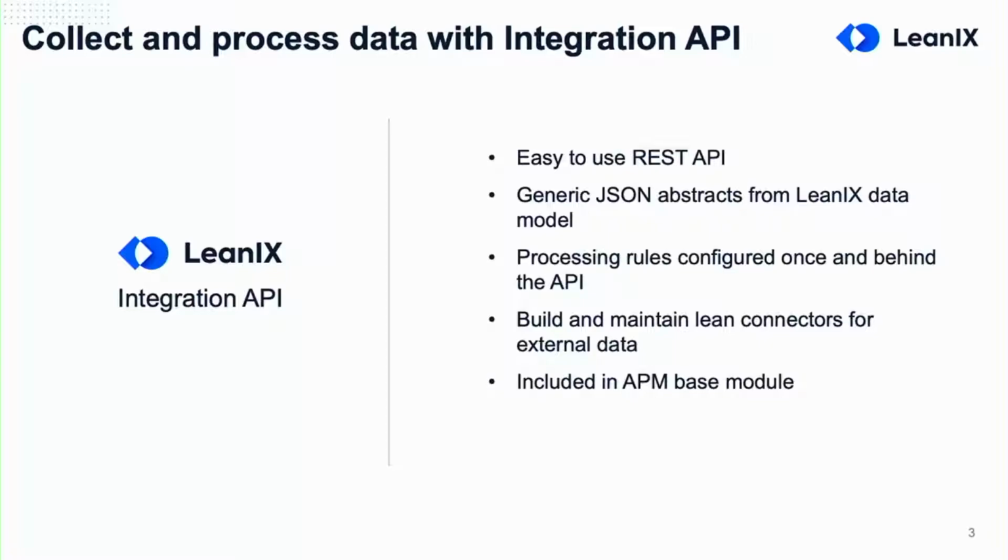For example, there are no specific parameters when you call the API that would relate to the processing. And a lot fewer issues are to be expected because there are no complex conversions happening on that side. So all is behind the API, and you get all the logging and the alerts delivered centrally by the integration API.